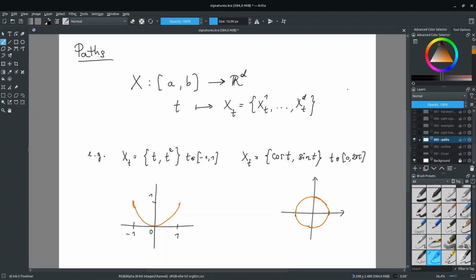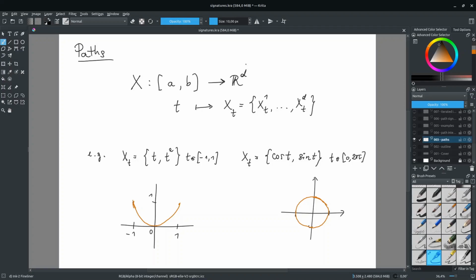So a path, it's really nothing complicated. It's just a function from some closed interval [a,b] to Euclidean space R^d. It could be something else, but here we just care about d-dimensional spaces, really just a bunch of components.